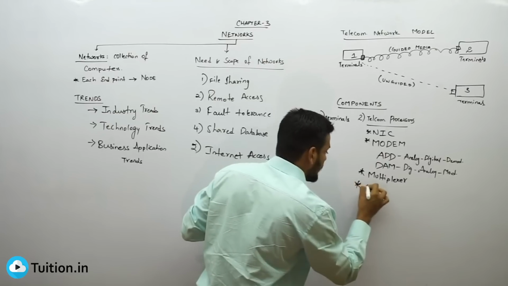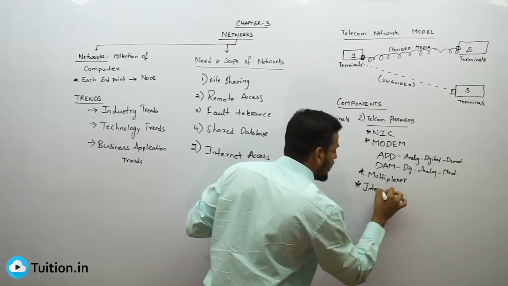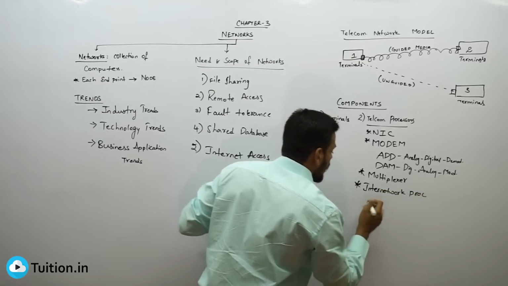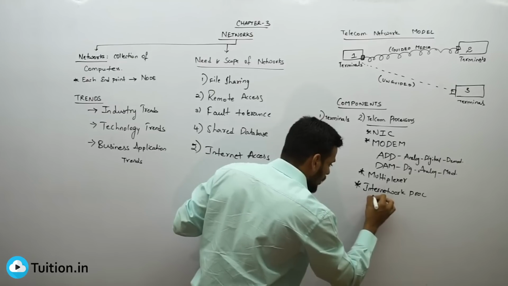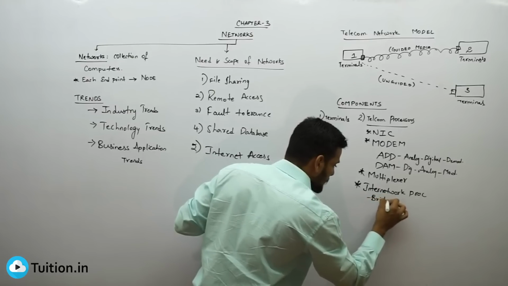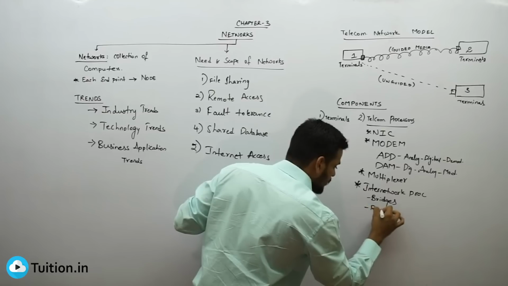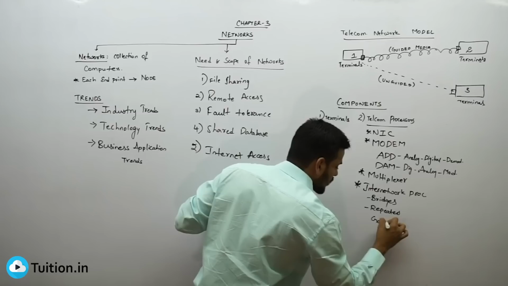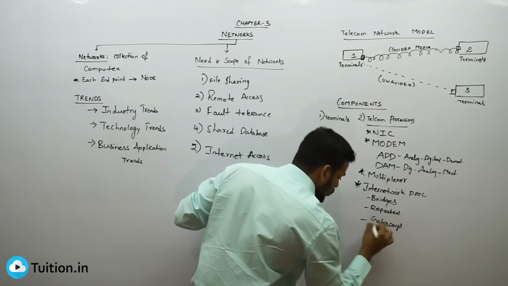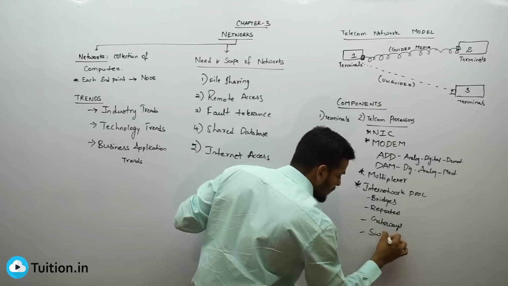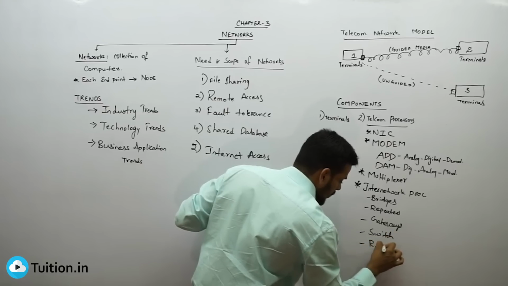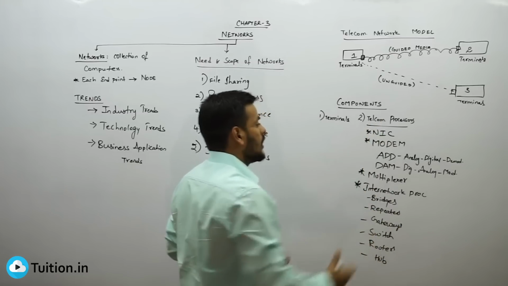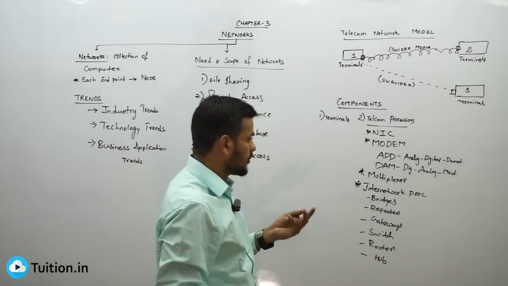And then of course we have inter-network processors, which are in the likes of bridges, repeaters, gateways, switch, router and a hub. So all these are some of those telecommunication processors, right?